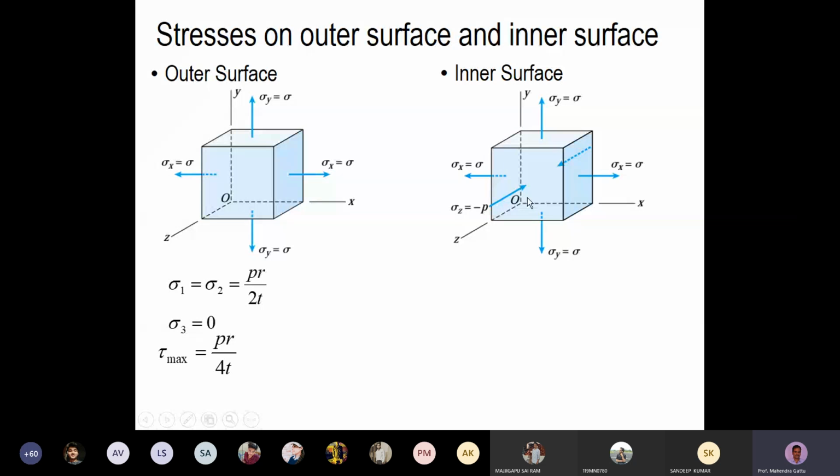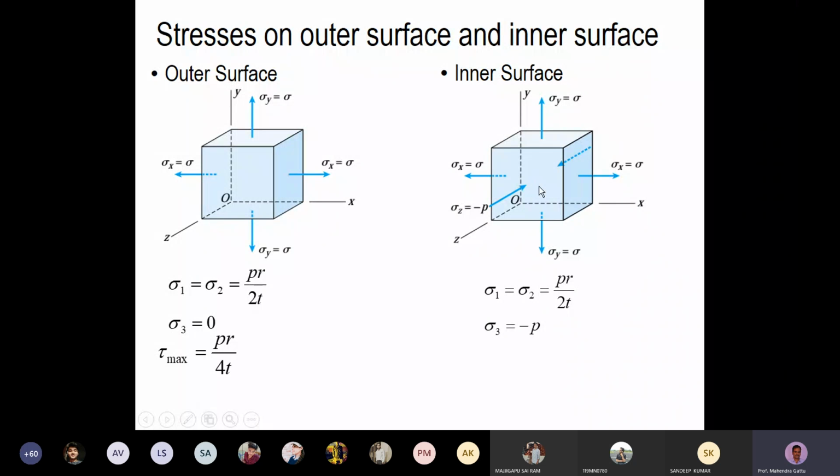And for this case, we have sigma 1 and sigma 2 as PR by 2T, and sigma 3 is minus P. So for rotation in this XY plane, there are no shear stresses. So tau xy and tau yx are 0. But in the out of plane, that is tau xz, so tau zx will be in this direction on the front face, and tau zy will be in the upward direction on the front face.